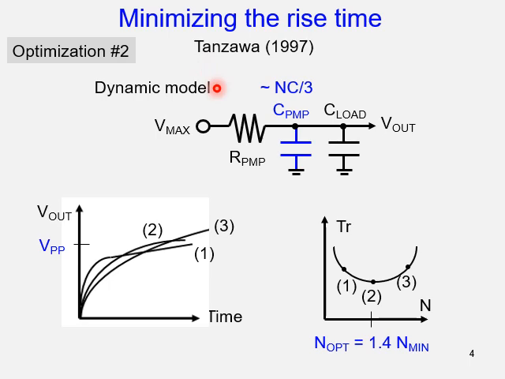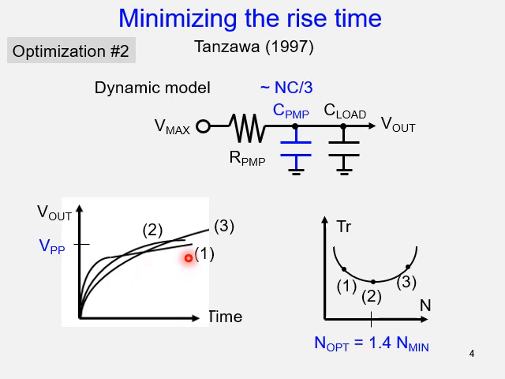If your concern is primarily on the rise time, and you want to minimize the rise time, then you should select the number of stages to meet this equation. On the previous slide, this factor was 2, but in this optimization, you should select 1.4.